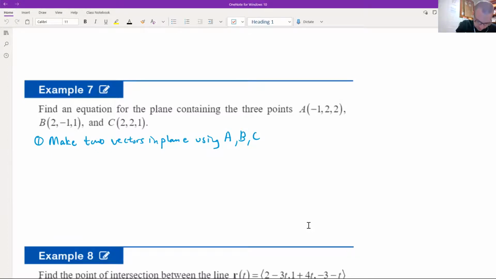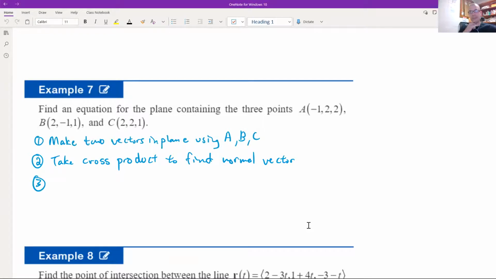So take cross product to find normal vector. And then create the plane based off of the normal vector and a point.